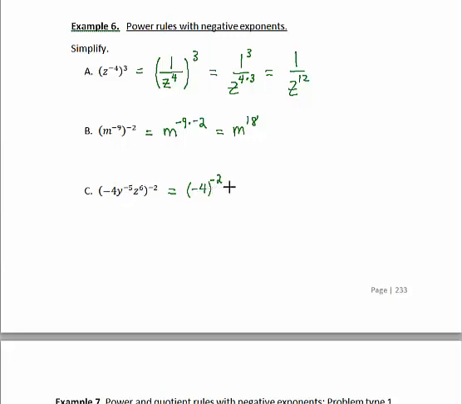And then we have y to the -5th power to the -2 power. I'm simply distributing this power of -2 from outside the parentheses to each exponent inside. And so finally, the z to the 6 would have a -2 applied to it as well.